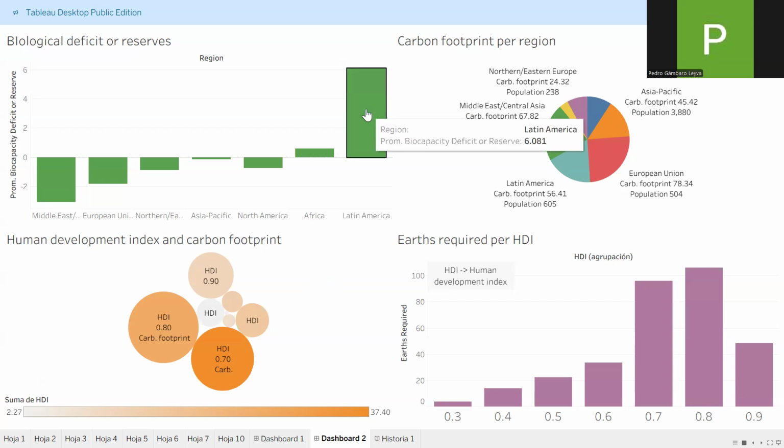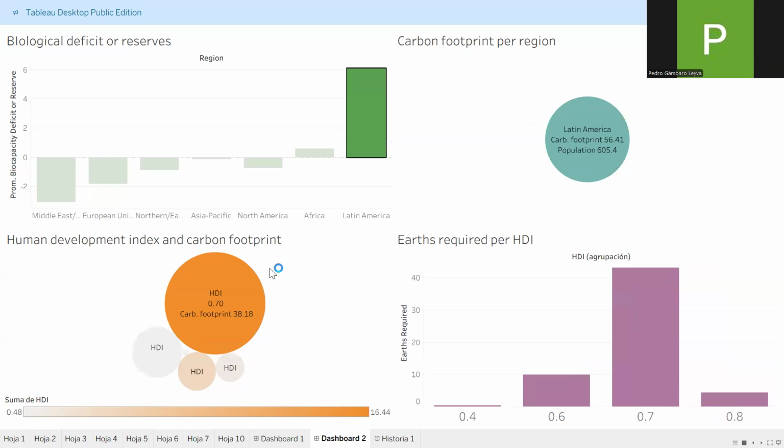As we can see, Latin America has a pretty standard population. It's pretty high, but not as high as others. And most of the countries here are in the 0.7 category, but there are some in the 0.8, which require much less Earths. So, what can I propose?